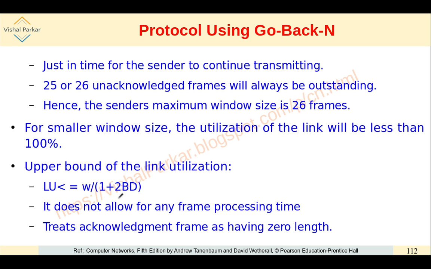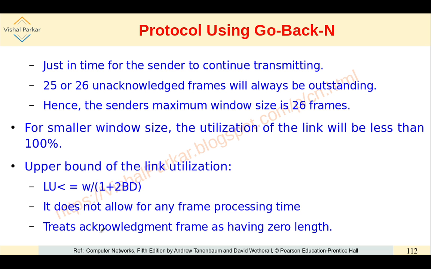Now here we are not considering any frame processing time, as the frames are being transmitted and then eventually received at the data link layer of the receiver. The receiver can at the same time get all the frames without wasting any processing time.